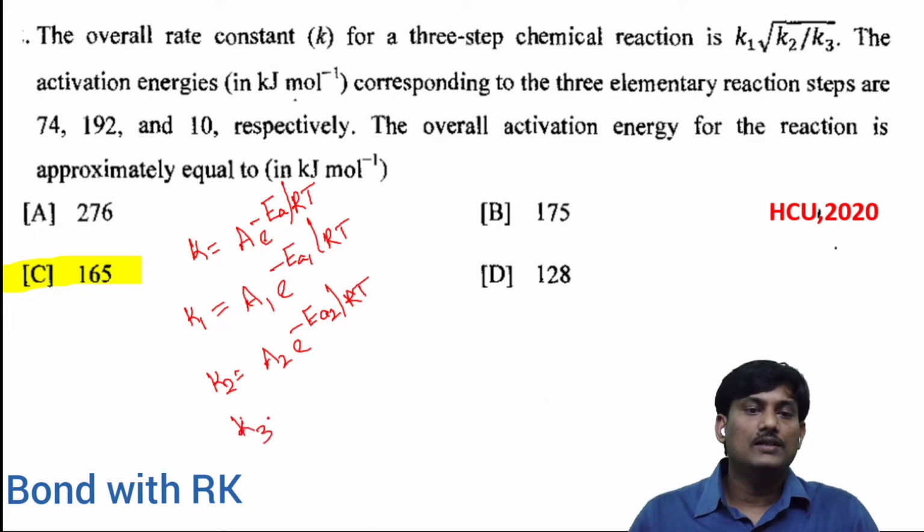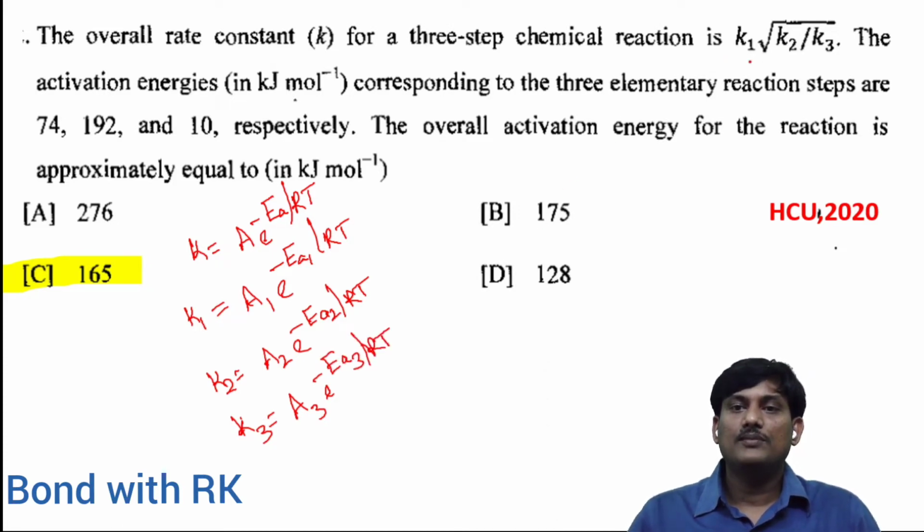And the third one, let's take k3 is A3 e power of minus Ea3 by RT. The overall rate constant, that's k is equal to A into e power of minus Ea by RT, is equal to k1 into root over k2 by k3.